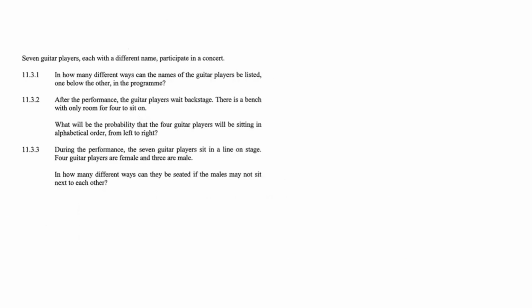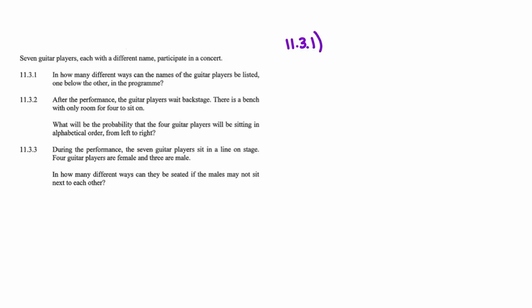11.3. 7 guitar players, each with a different name, participate in a concert. 11.3.1. In how many different ways can the names of the guitar players be listed, one below the other in the program? So obviously the names cannot be repeated, and I have 7 unique names.